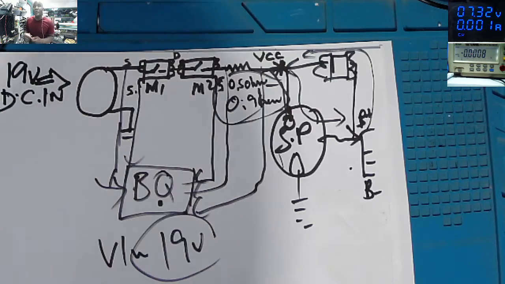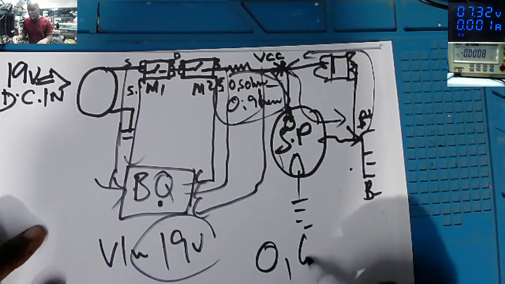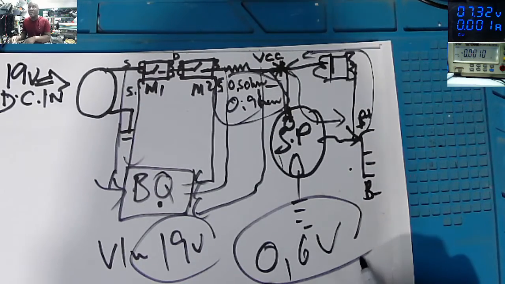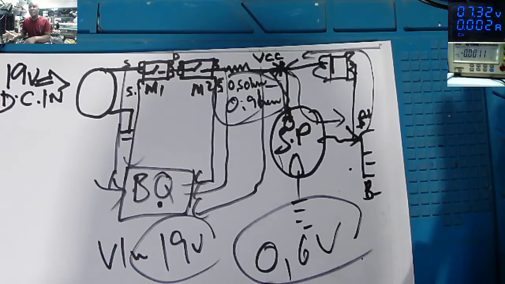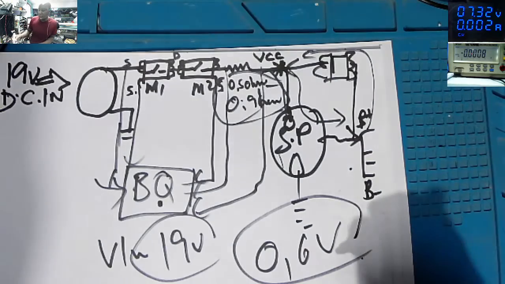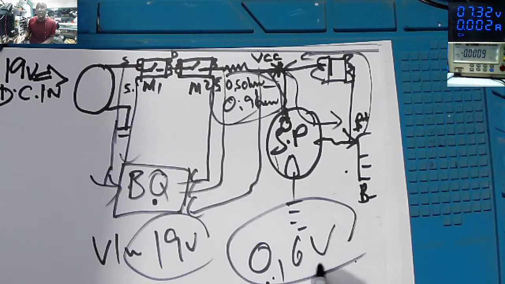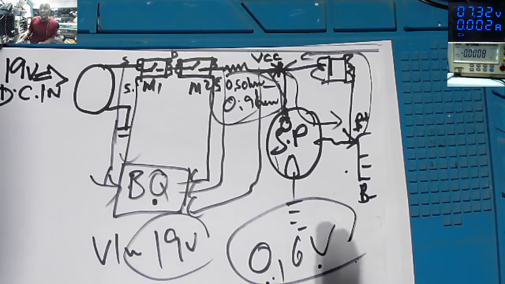We must have voltage above 0.6 volts there, up to 3 volts. I found in many laptops this voltage is stretching from 0.6 to close to 3 volts. So if you see something like that, probably the BQ chip is okay, and we have other issues.